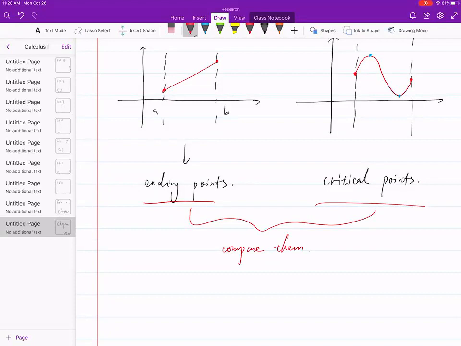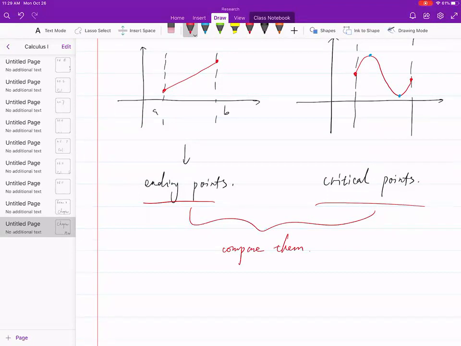Extreme value theorem, continuous, closed. Great. Once we know we can do it, how do we find them? Well, we have a pool. That pool includes ending points, critical points. After I find all of them, there may be 12 points, or there may be 30 points, or 3 points, which are possible. Still okay?